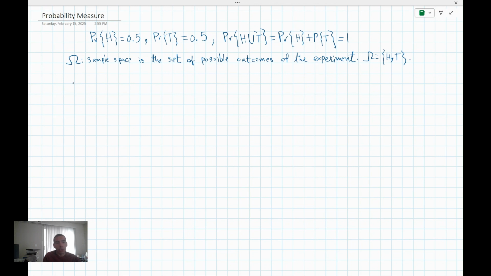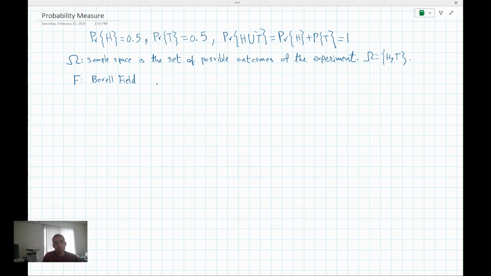Another notion that we need to define is the Borel field, F. The Borel field will allow us to take probabilities of events.